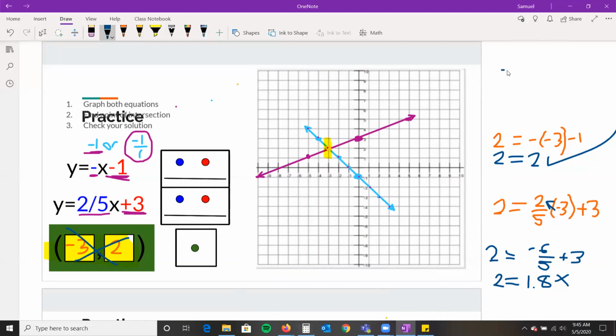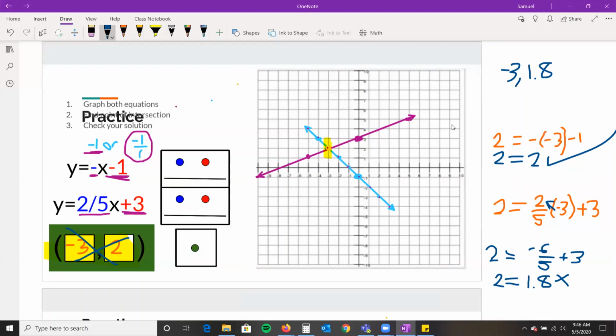So let's try -3, comma 1.8 and see if that works. Sorry, let me back that up.